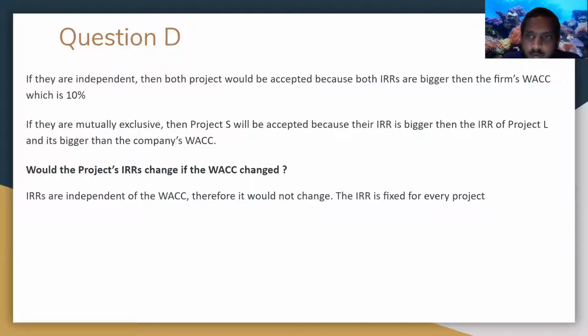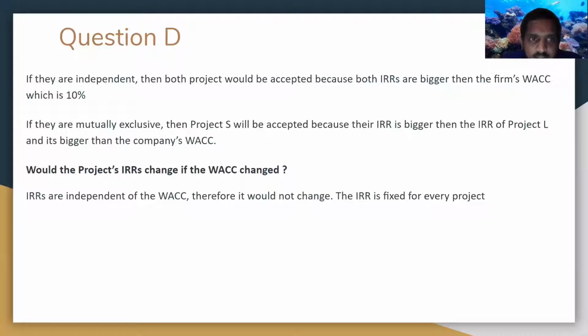If they are independent, then both projects would be accepted because both IRRs are higher than the WACC, which is 10%. And if they are mutually exclusive, then project S will be accepted because its IRR is bigger than the project L IRR, and it's bigger than the company WACC.